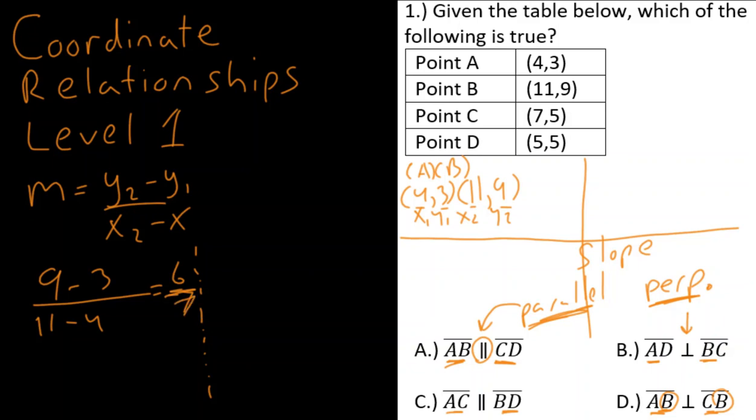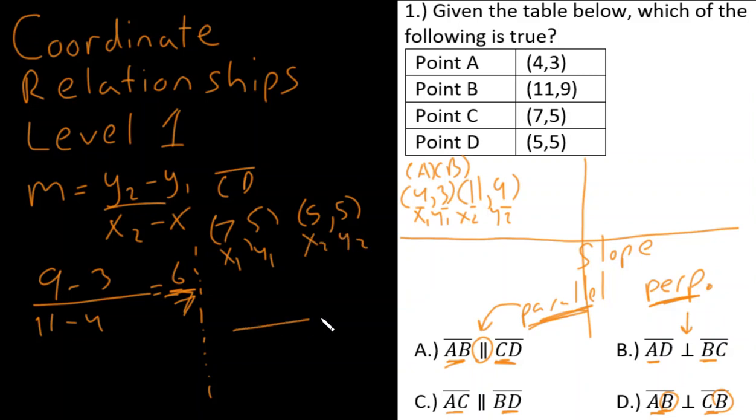Okay, now what we want to do is test out CD. So I know, okay, here I'll just write CD right here. We have CD, and point C is at (7, 5), and point D is at (5, 5). Okay, and let's label it x1, y1, and x2, y2. And let's go ahead and set up this fraction.